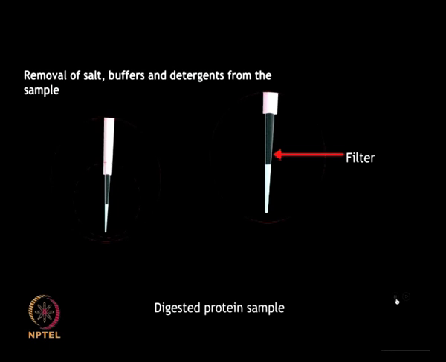It offers several advantages such as quick purification, sample enrichment and ensures that there is no contamination. However, it can purify only a limited volume of the sample and also it adsorbs some amount of the protein sample, thereby leading to losses.